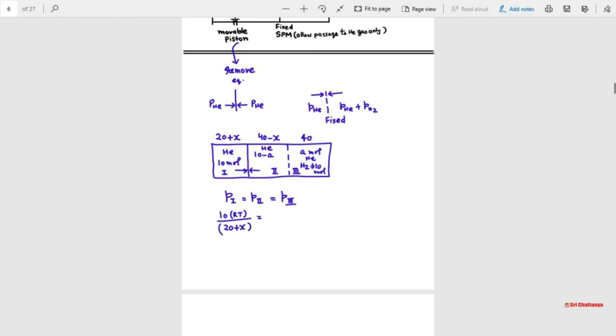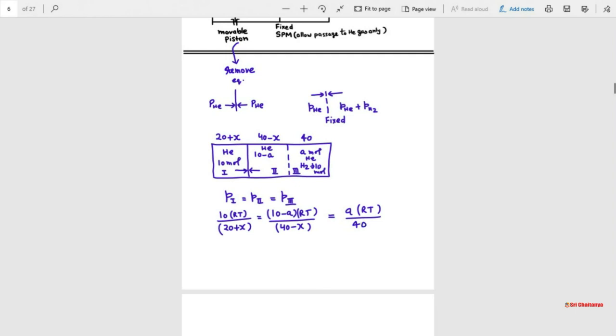For the second compartment, we can write that the number of moles is 10 minus A, into RT divided by length, that is 40 minus x. For the third compartment, we write for helium, so A moles of helium is there, into RT divided by length, which will be 40 centimeter, right?